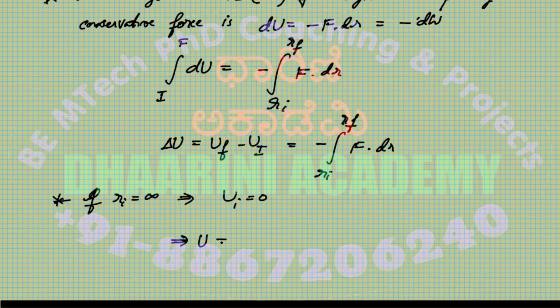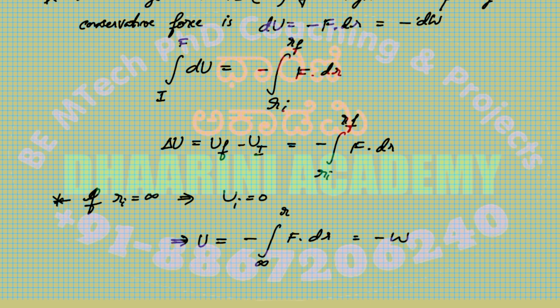So the potential energy at a point is defined as negative of the integral of F dot dr, bringing from infinity to the current position r. This itself is minus of the work. Right? So the potential energy of a body or a system is the negative of the work done by a conservative force in bringing it from infinity to the present position.